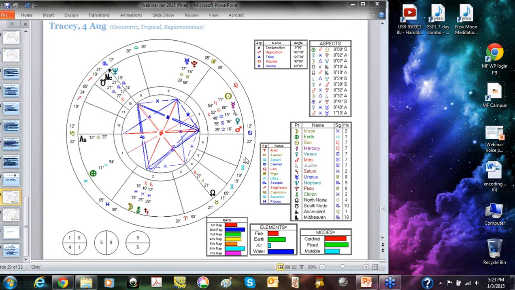The quadrants at the bottom left indicate that my strongest is the 3rd quadrant, which is houses 7 to 9. They emphasize social identity, worldly issues. I've always been focused on or interested in social psychology and betterment for the world.